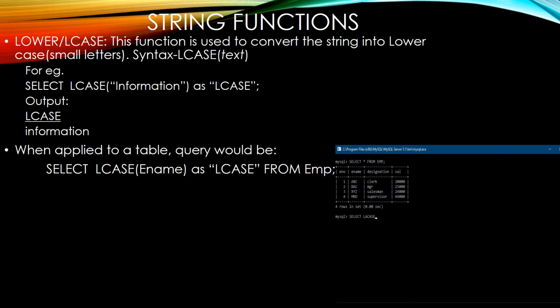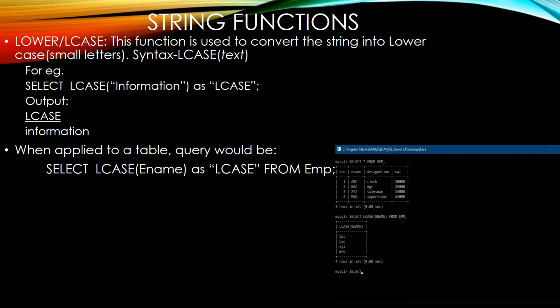I can use the lcase function or I can use lower also in place of lcase. In bracket you will pass the name of the field, then from, table name. See, all the names are converted to small letters. In the table they were in capital letters, but now they are converted to small letters.